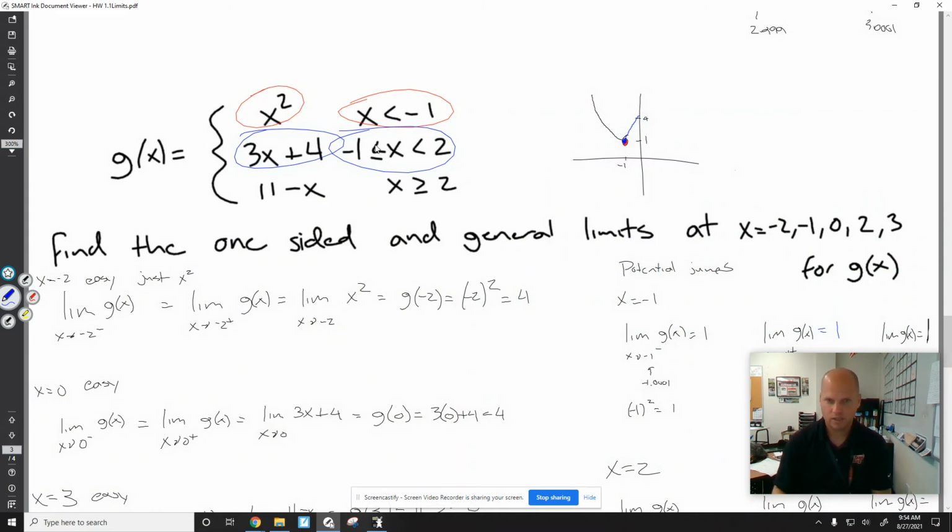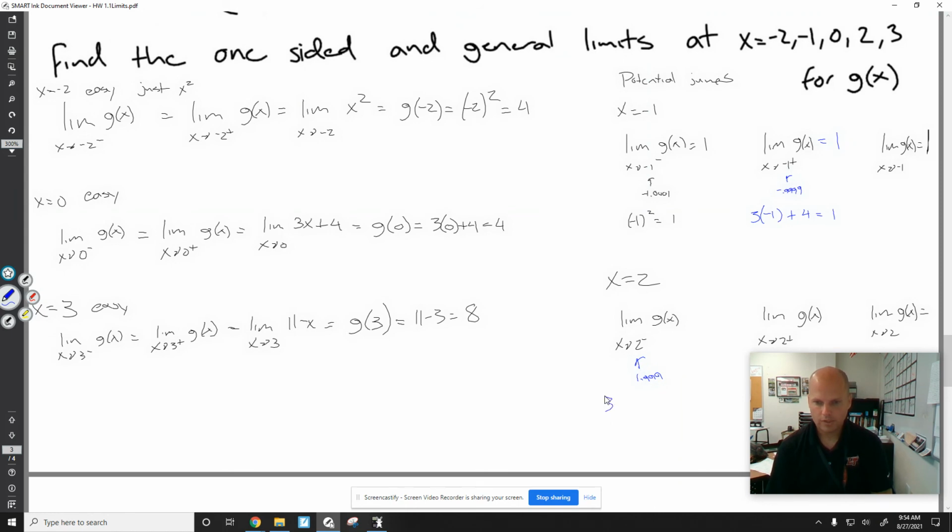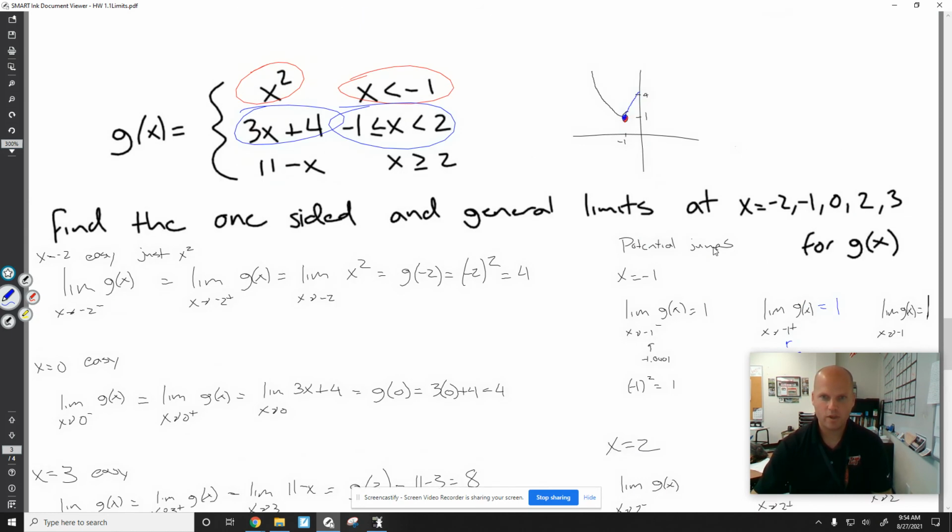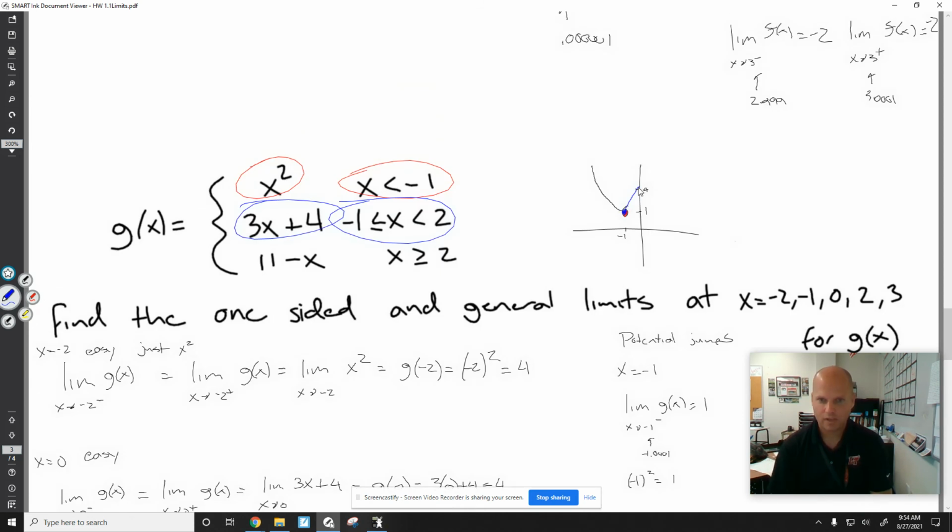You might be thinking, but we're not supposed to plug in 2 because it's x's that are less than 2. Yes, I know. But if we plug in 2, 3 times 2 plus 4, which is 10, we are going to figure out the location of where we end this piece, where we end up having an open circle for this piece.